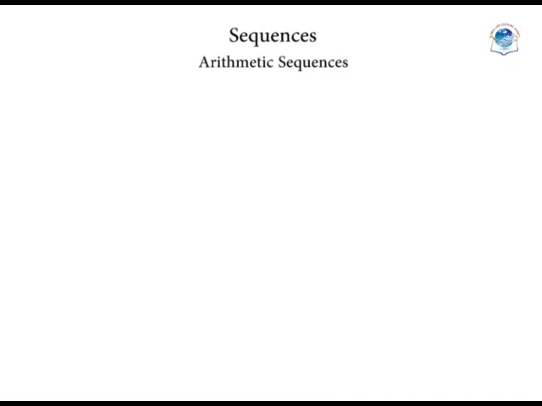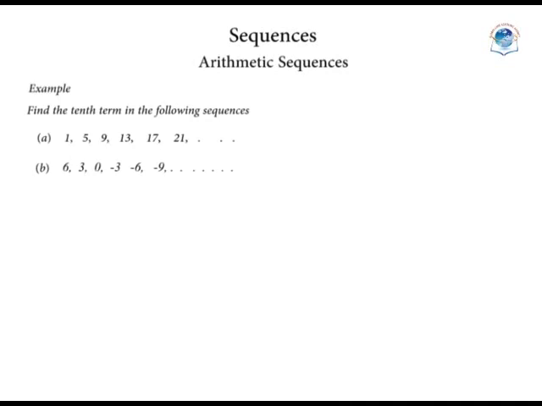Example, find the 10th term in the following sequences. For the first one, A is 1, D is equal to 4. We are looking for the 10th term, and therefore n is equal to 10. And so we shall have 1 plus 10 minus 1 times 4. That gives us 1 plus 10 minus 1 is 9 times 4 is 36.